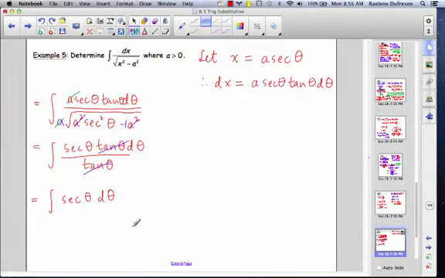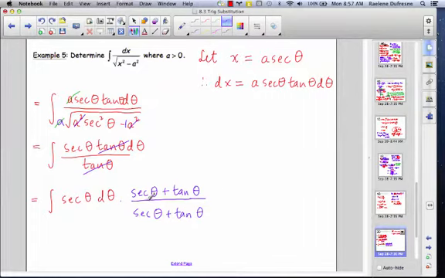Now this is one that I asked you to memorize, add to your basic antiderivatives or basic integrals. However, we did something in section 8.1, I believe, where we multiplied the top and bottom by secant theta plus tangent theta. Or rather, maybe it was method of substitution where we did this before.